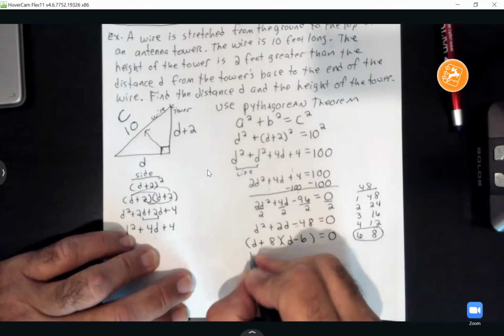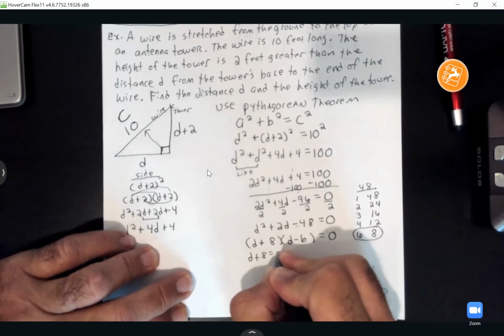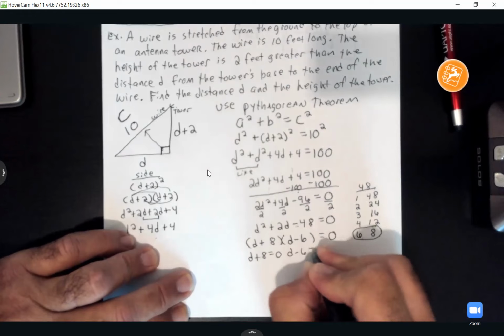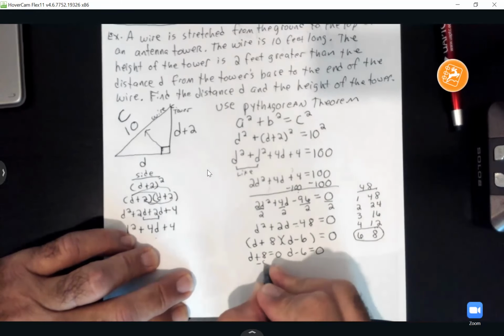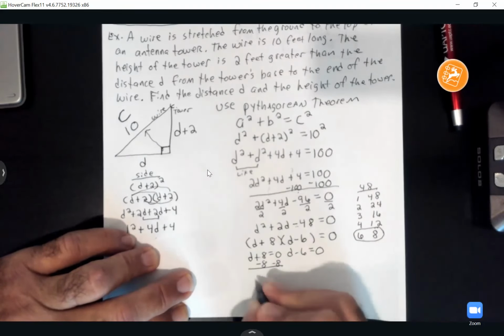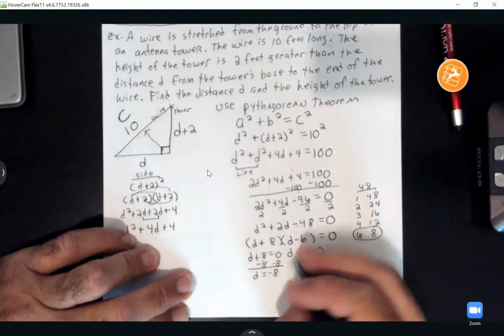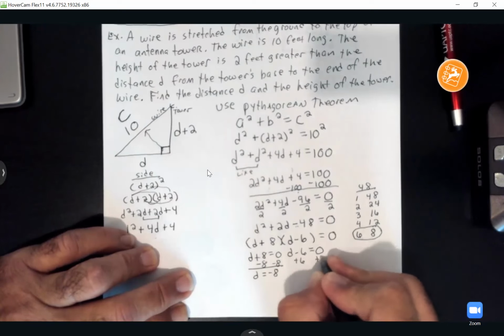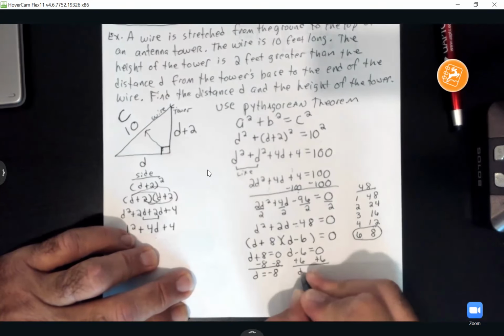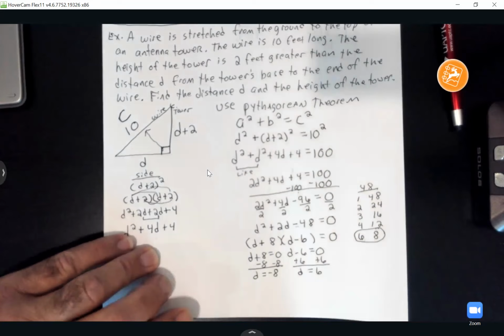So now I'm going to set both these equal to 0 and solve them for the D. The first one, I subtract 8, and I get D is a negative 8. The second one, I add 6 to both sides, and I get D is a positive 6.